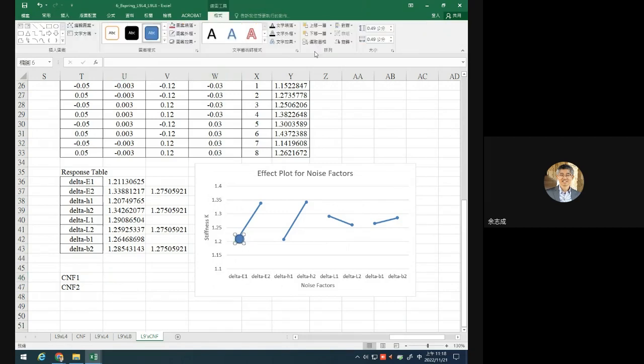Let's refill and use red as a circle. So this will be level 1, level 1, delta L2, and delta B1.